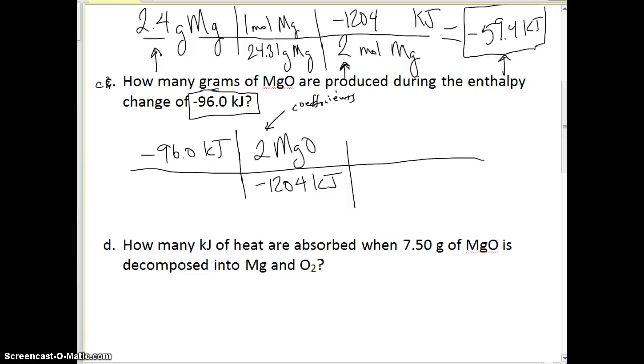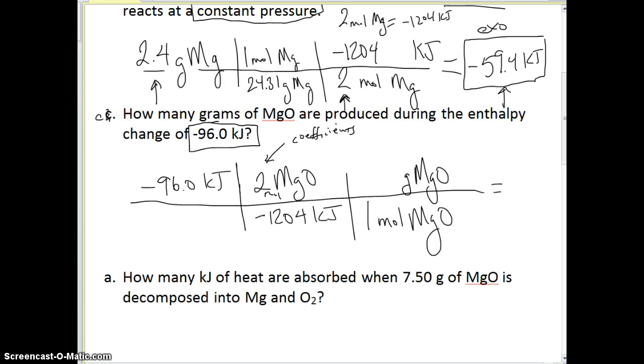Now, this is moles, by the way. Then I'm going to try to get us over to grams, so I'm going to do the opposite. For every 1 mole of MgO, I have our molar mass of MgO, so I'm working this backwards.